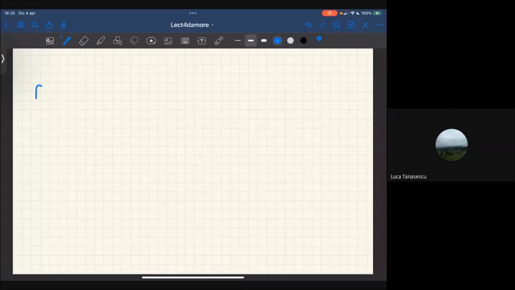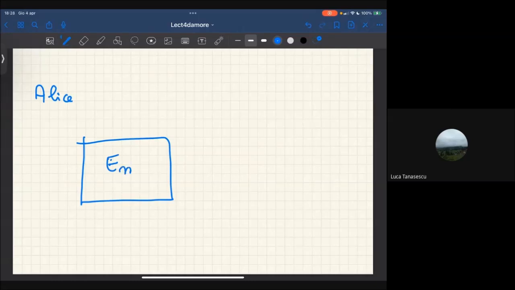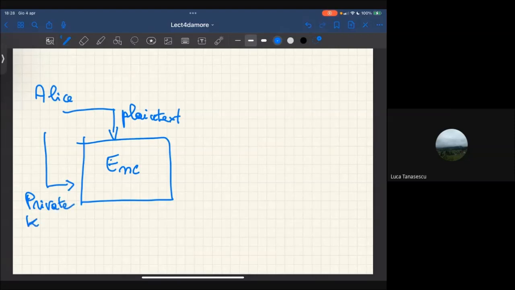So we take Alice. If Alice is encrypting a plain text by using the private key, only Alice can use the private key of Alice, because the private key of Alice is owned by Alice, and nobody other can know this private key.